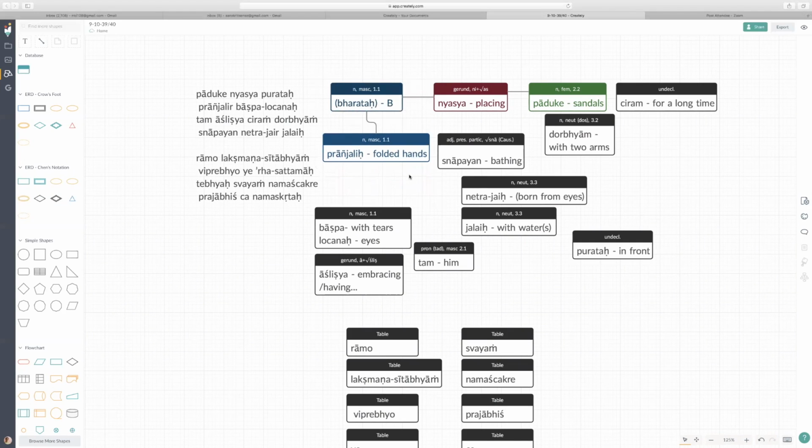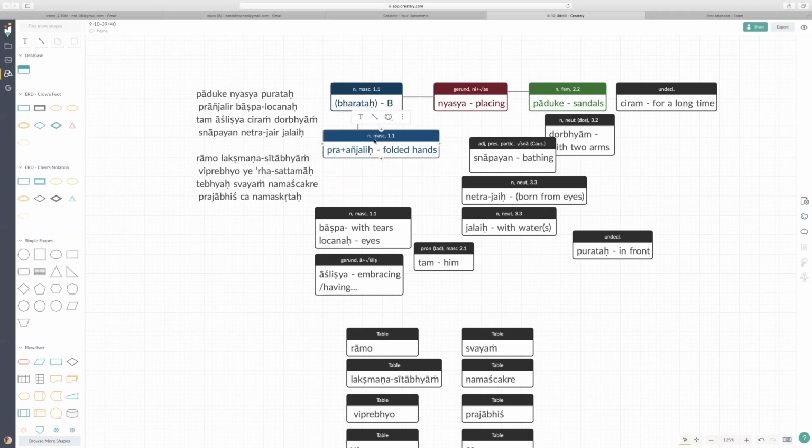Even though it looks like one word, even Pranjalihi was kind of pra plus Anjalihi. And pra did carry meaning, it was not just a prefix, it was prasrita, in other words, folded hands. Whose hands were folded.